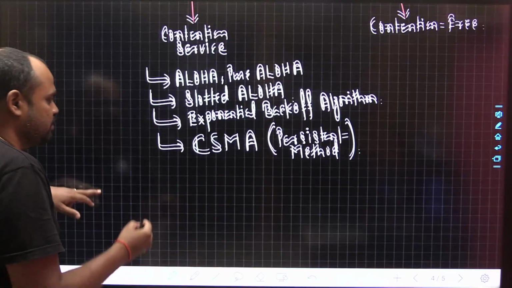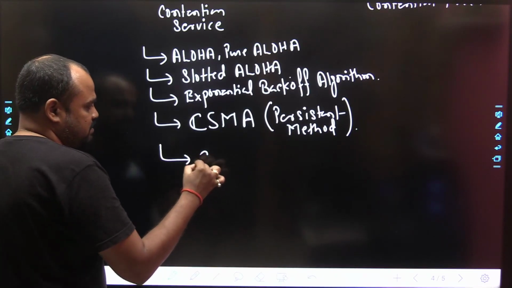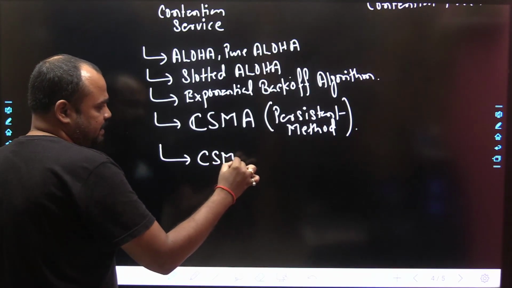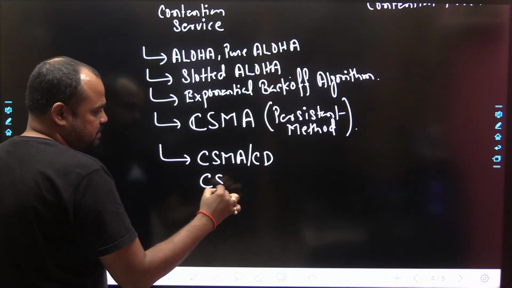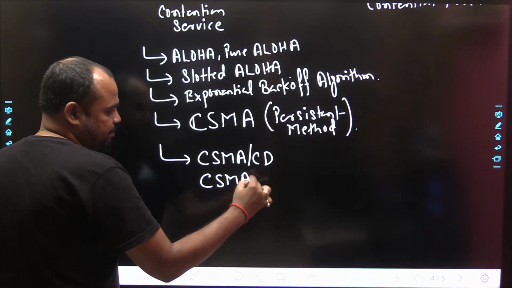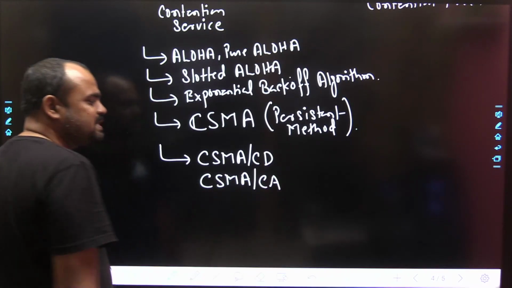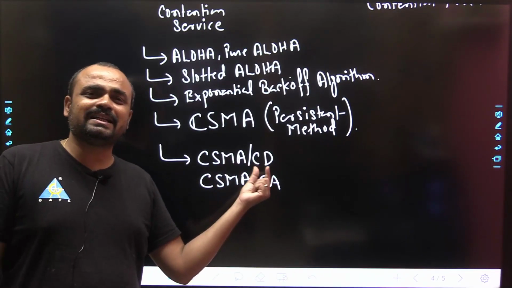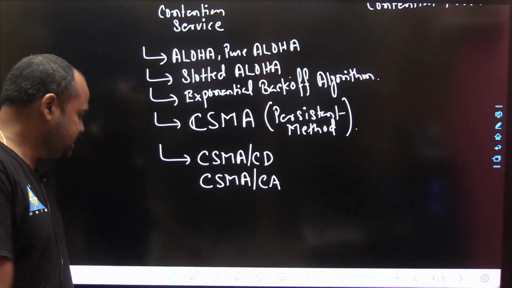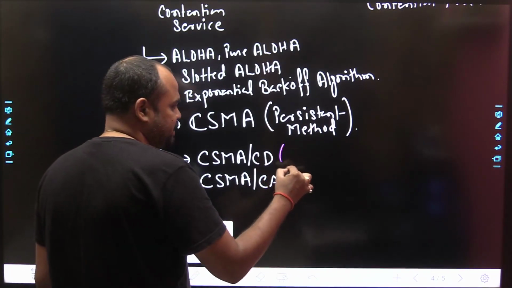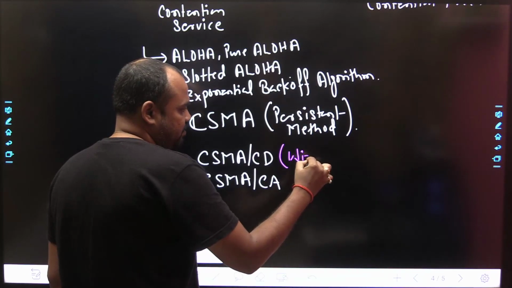Okay, so the next one is the CSMA/CD and CSMA/CA. Here basically CD stands for collision detection and CA stands for collision avoidance. So basically this protocol is used in wired medium.